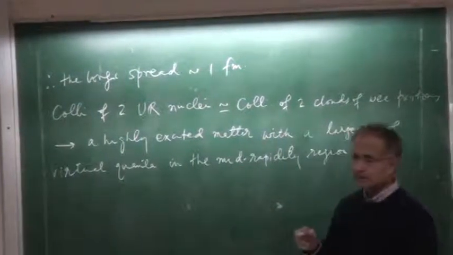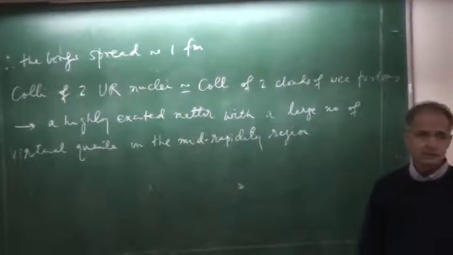Mid rapidity means near y equals 0 in the center of mass frame.